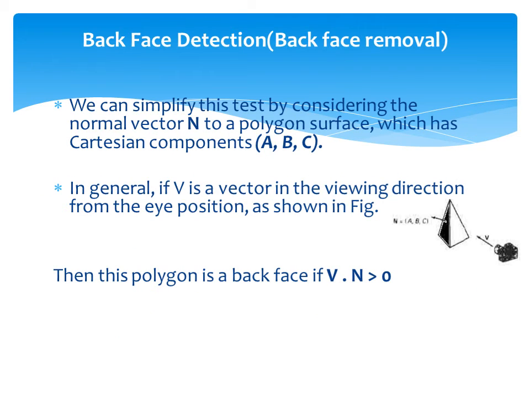We can simplify this test by considering the normal vector N to the polygon surface, which has Cartesian components A, B and C, and the viewing vector V. See this diagram. Here V is the viewing vector and N is the normal vector. If V · N is greater than 0, then the polygon is a backface.